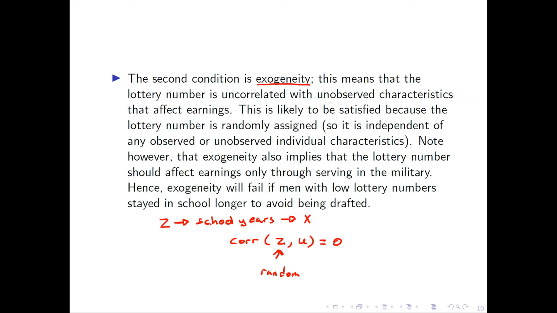And so in this case, even though the instrument itself is random, if this random part does not follow directly to the x variable, then you would have a correlation between the supposedly random part in x and, for example, school years.